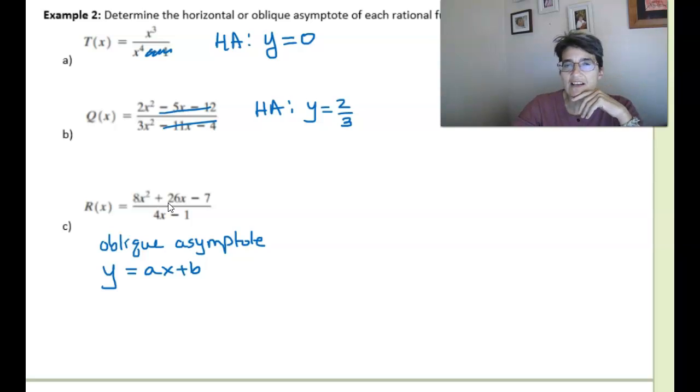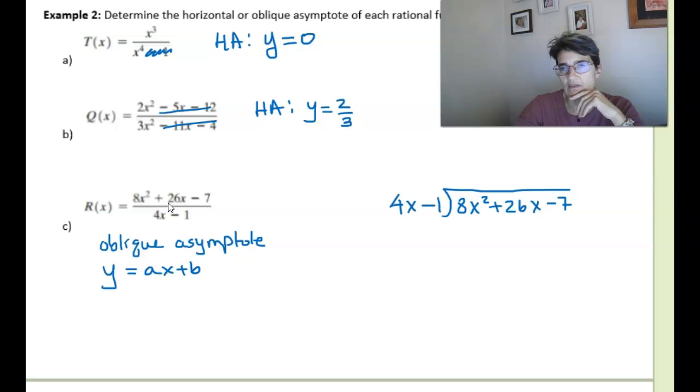In order to figure out that line, we need to do long division for these polynomials. We take the top polynomial and put it under the division sign, and we take the bottom polynomial as the divisor.